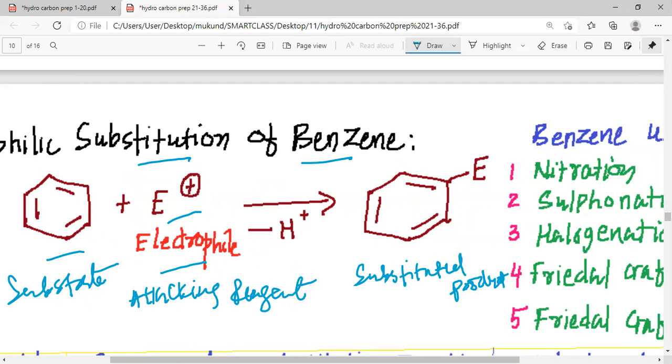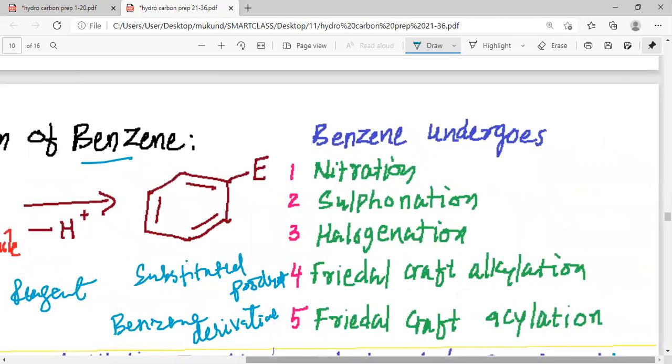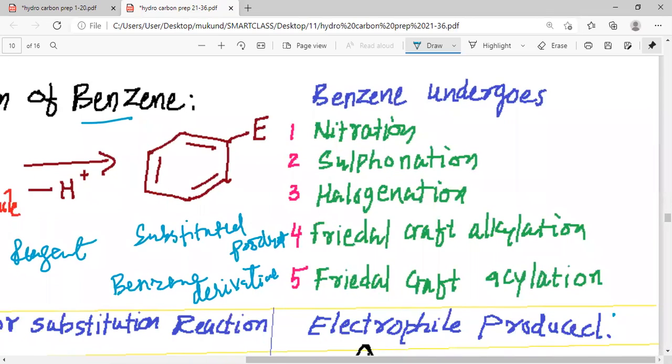This substituted product, we can also call it a benzene derivative. Please remember that we can have various benzene derivatives, my dear students. In this type of reactions, which are known as electrophilic substitution reactions, we can have nitration, sulfonation, halogenation, that means chlorination, bromination, and we can have Friedel-Crafts alkylation and Friedel-Crafts acylation.